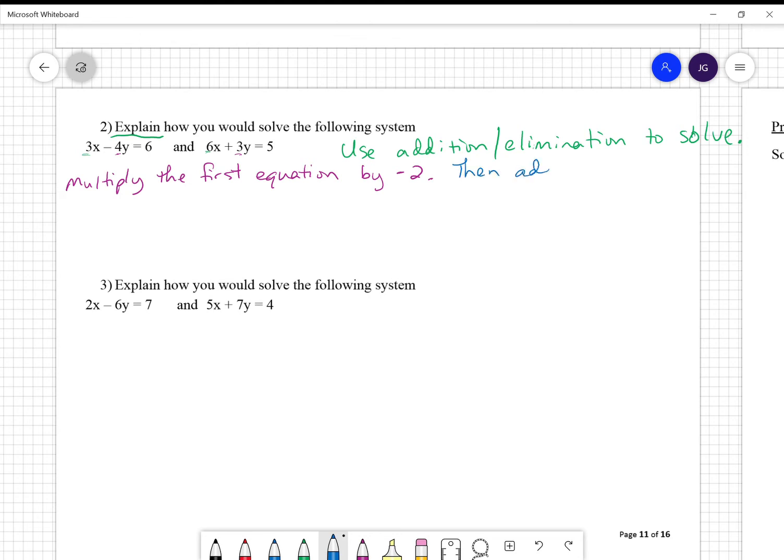Then add the new equation to the second equation, and the x term will cancel.